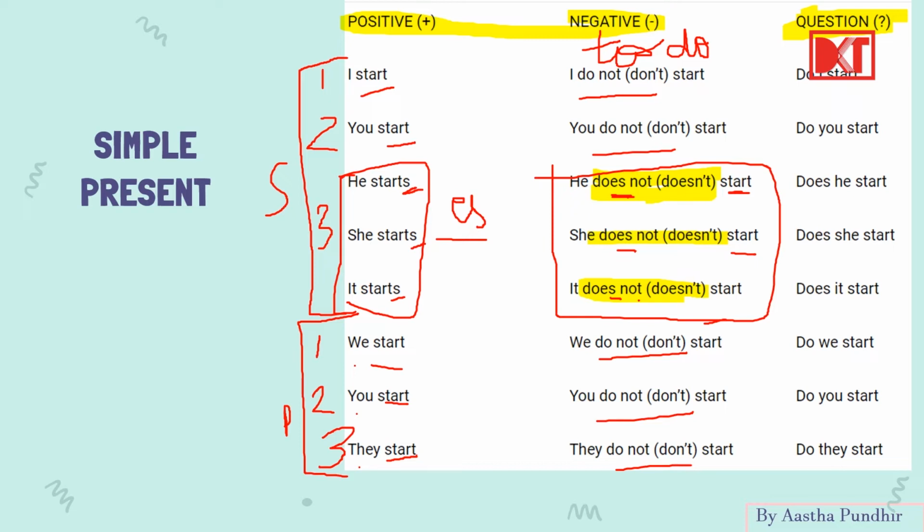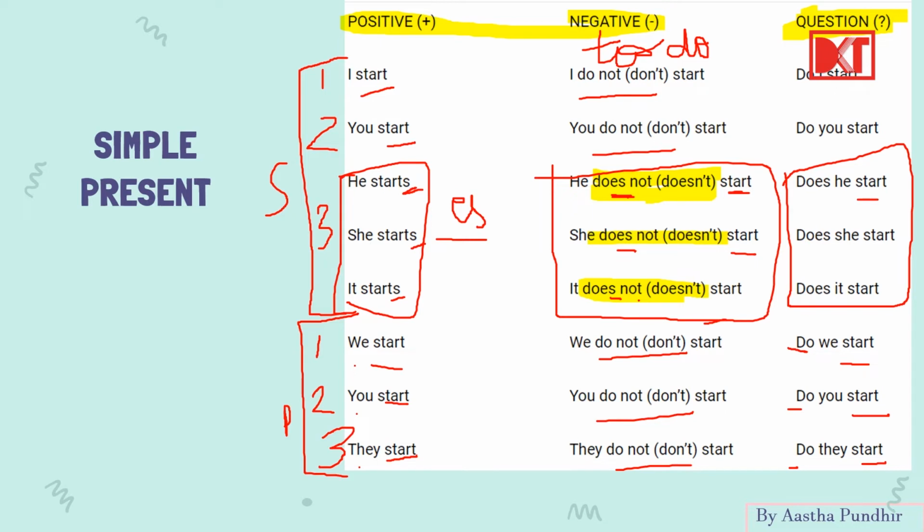Now for the question. Question again, it starts with do I start, do you start, does he start. So here again, does in the third singular form, and for the rest it remains do. And the verb also remains in the infinitive form, the original form, start.